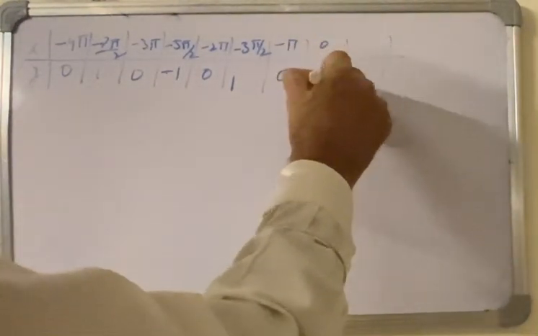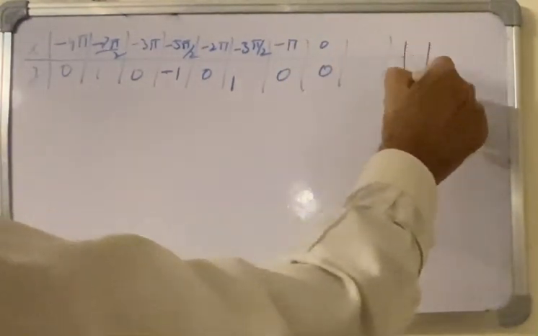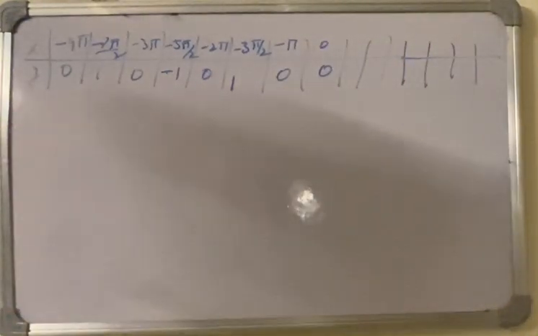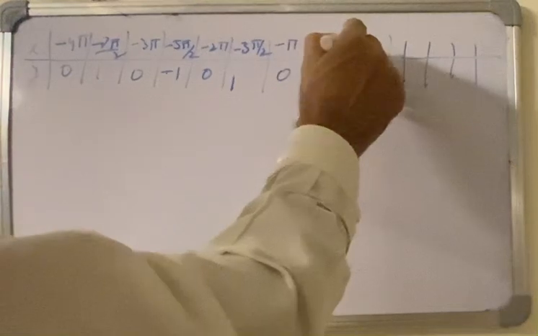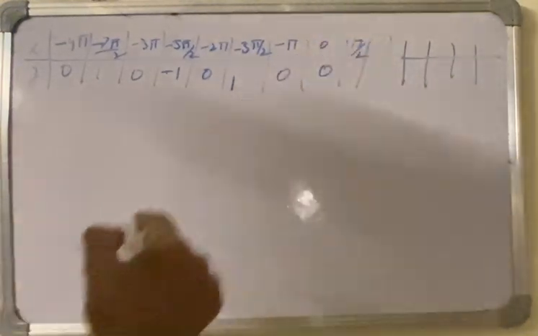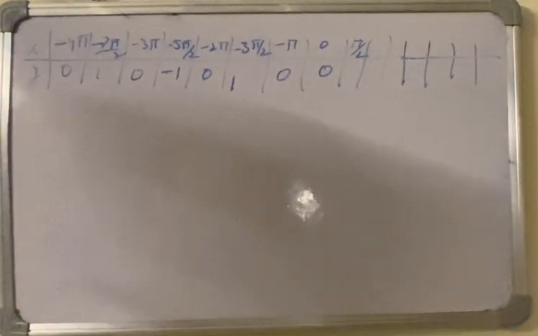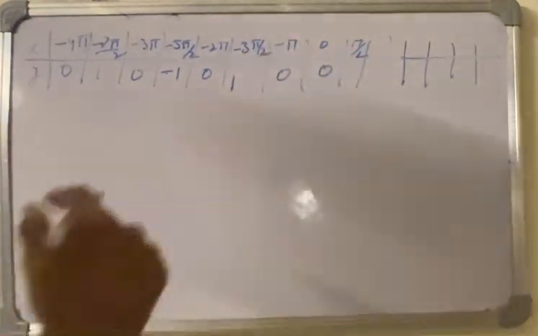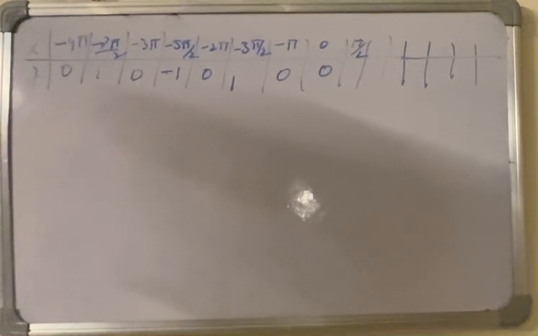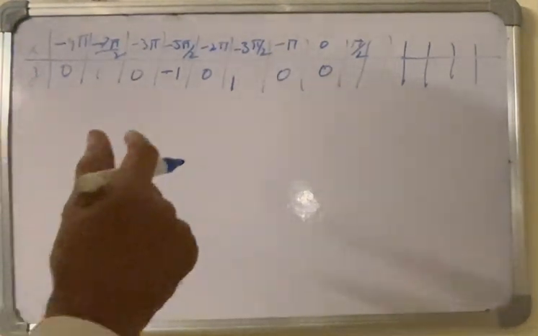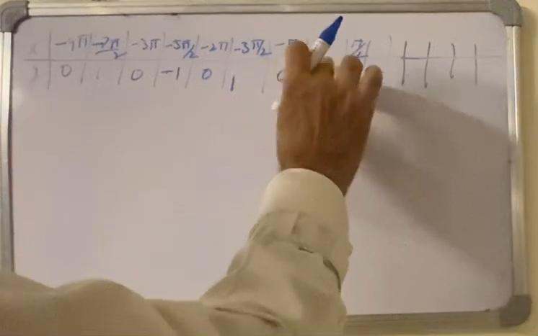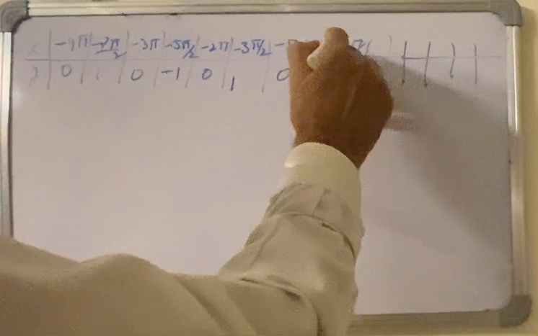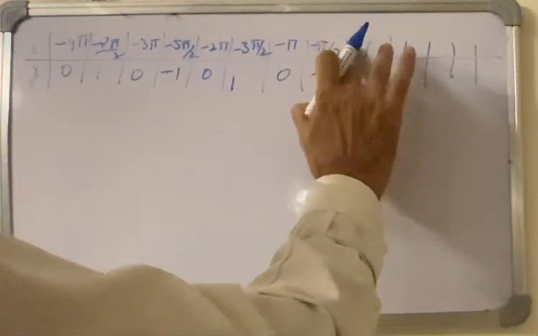Then at 0 the value is 0, then at pi by 2, sin pi by 2 value is 1. At 0, before that also, we take minus pi by 2, which is minus 1.